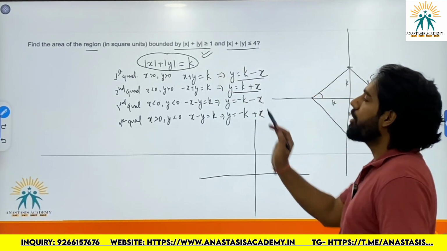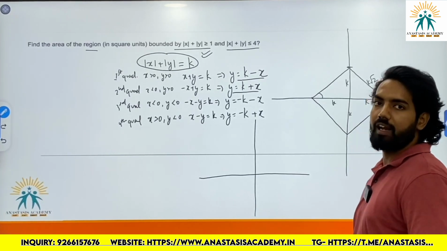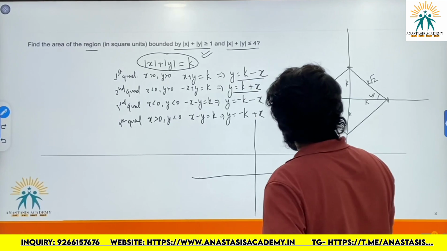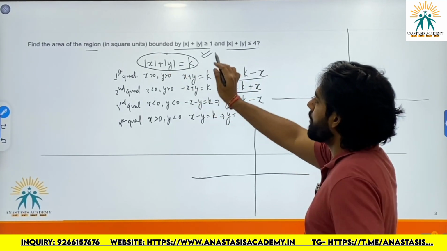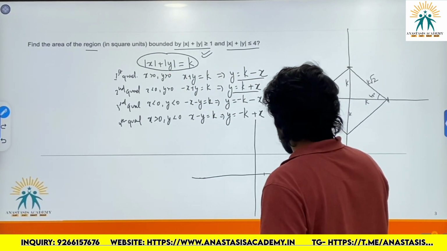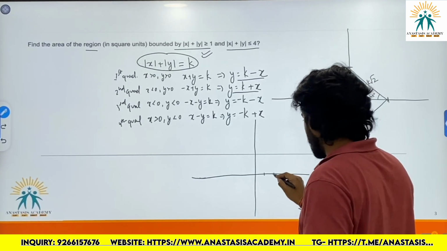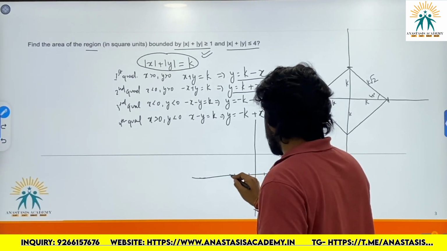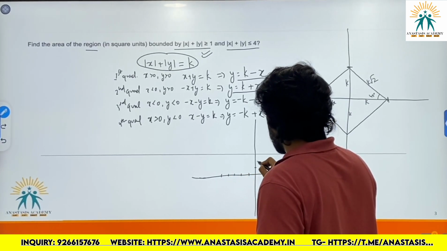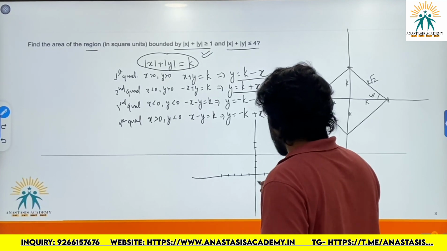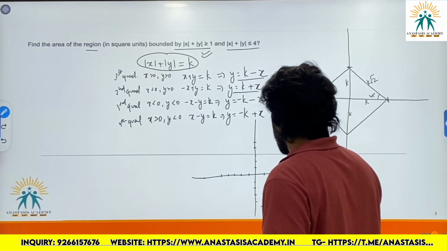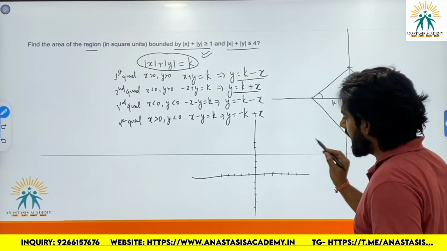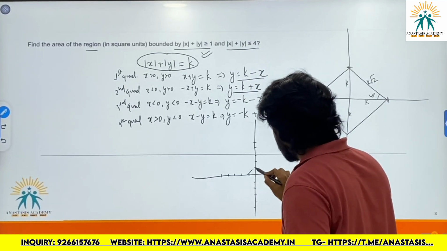If I were to draw the graph of mod x plus mod y equal to 1, marking units 1, 2, 3, 4, 5 on each axis, it will have a graph like this.